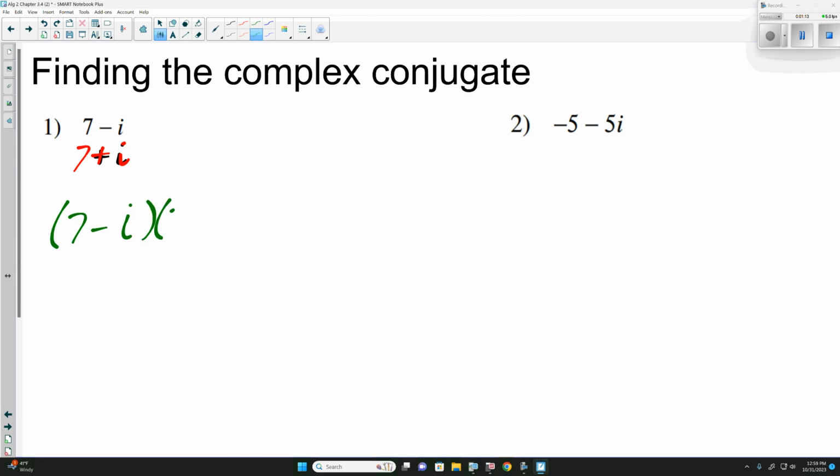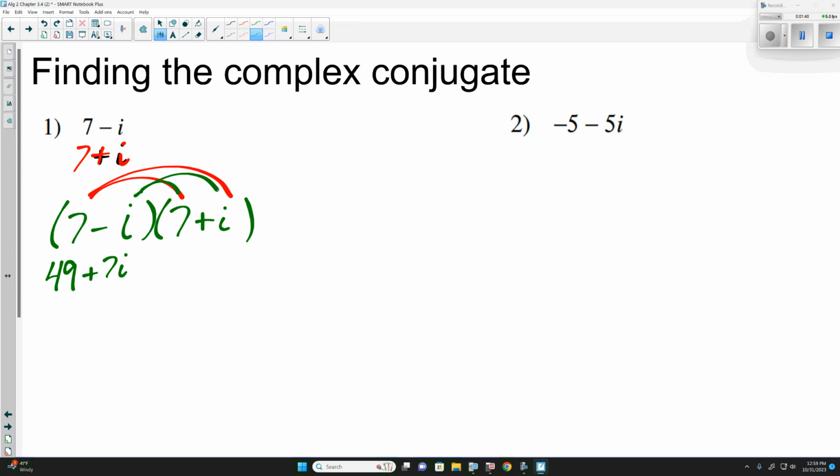Questions on this so far? Now the next thing I'm going to do is find their product. I'm just going to multiply them together. Now 7 times 7 is 49. 7 times i is plus 7i.